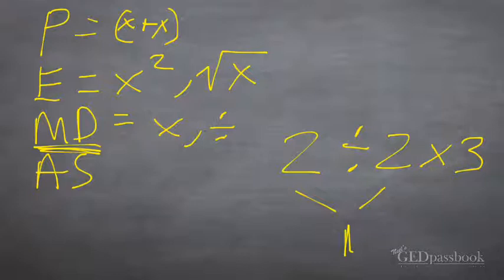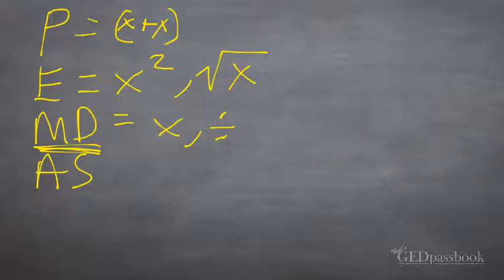What's MD? Multiplication and division. So if you have a problem like this, you don't just think multiplication comes first. You just do whichever one comes first. In this case, division came first. That's a rule. They're both equally important. That same rule applies to addition and subtraction.